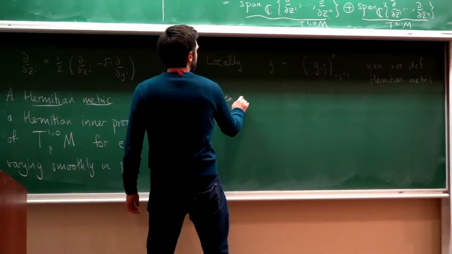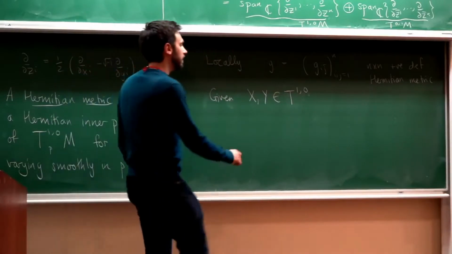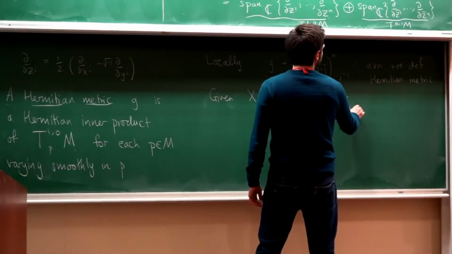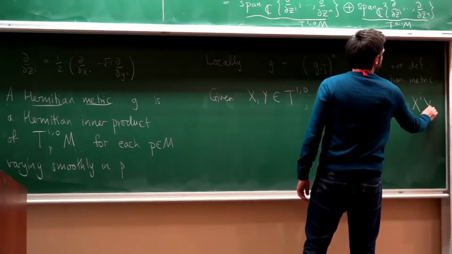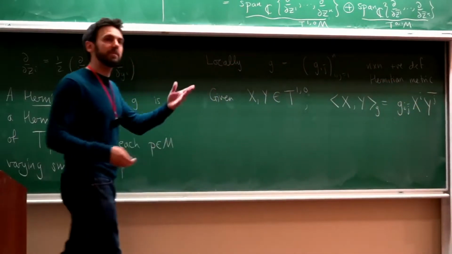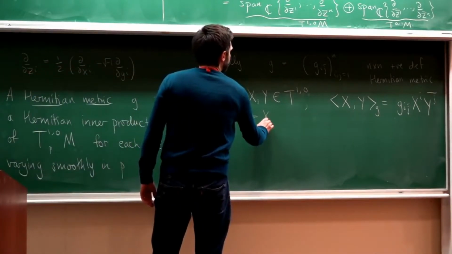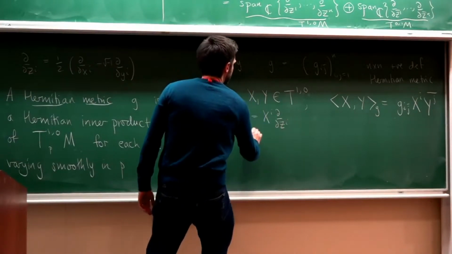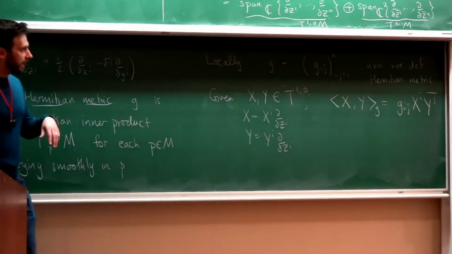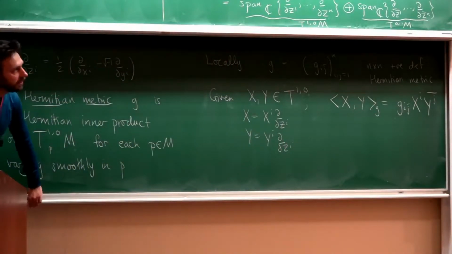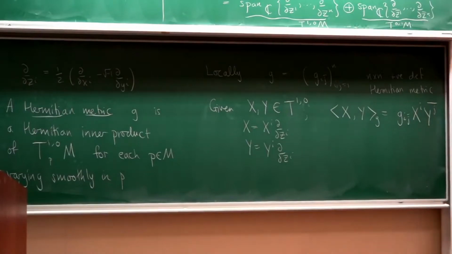And then if we're given two vectors, say X, Y, which are T10 vectors, then the inner product of X and Y with respect to G would be G_ij bar X^i Y^j bar, where of course I'm summing in i and j. Here, of course, I'm writing X as X^i ∂/∂zi, and Y as Y^i ∂/∂zi. Okay, so this is what I'm thinking of as a Hermitian metric on my manifold, and as I said, these, of course, exist in abundance.